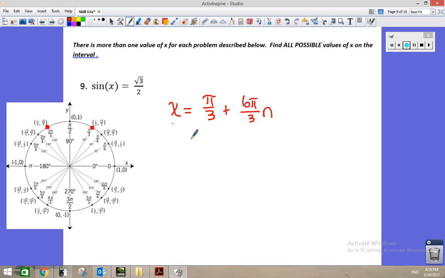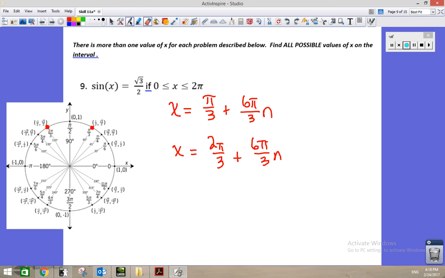Now, in this other point here, I have 2 pi over 3, and the same idea, coterminal angles to that. We'll have a sine of this angle having the ratio radical 3 over 2. They didn't want infinitely many solutions. They wanted me to only provide solutions that were between 0 and 2 pi.